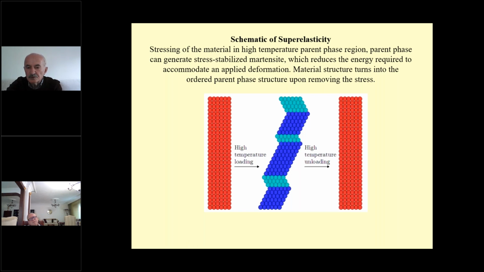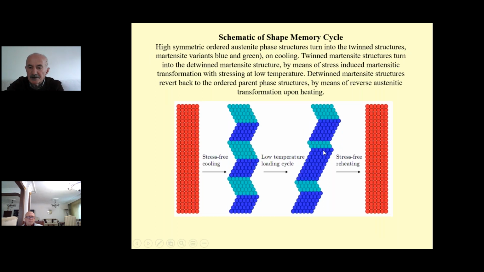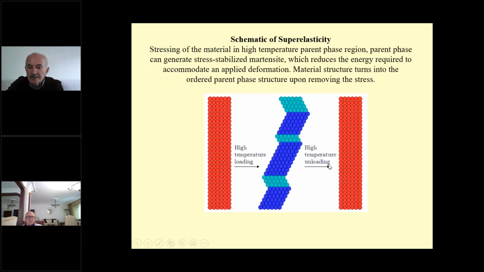After that, upon releasing, the martensitic structures of the material turn back into the ordered parent phase structures. Let me inform you that this cycle is mechanical for the superelasticity. Also, this cycle is thermal for the shape memory effect.